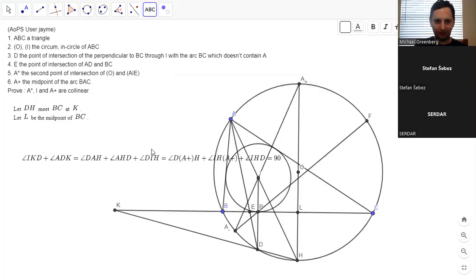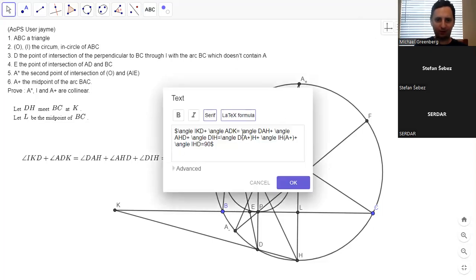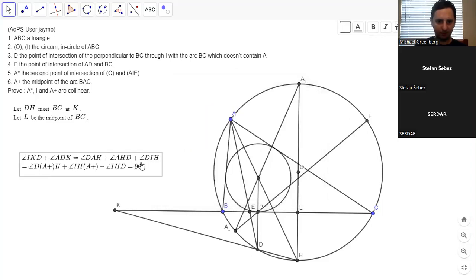Let's see how this comes out. Oh, that's not so bad. There we go.